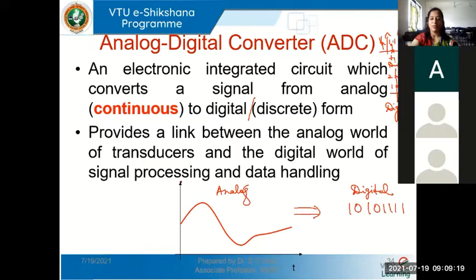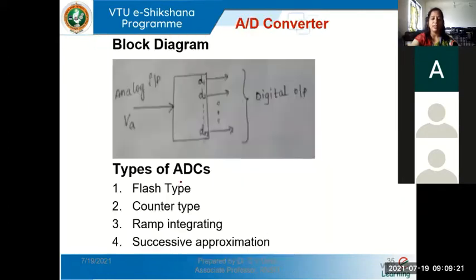Any kind of processing can be done using a digital computer or a digital signal processor. Okay. So the most simple block diagram of an ADC is shown here, where the analog input VA is fed to this block. This is your A to D converter or ADC.